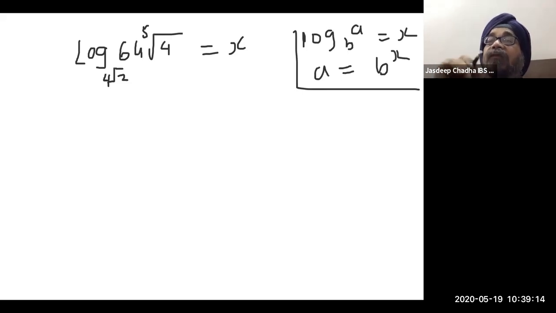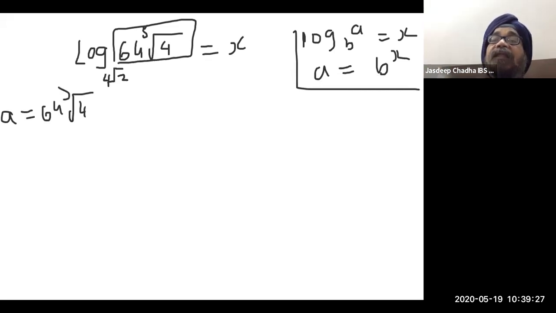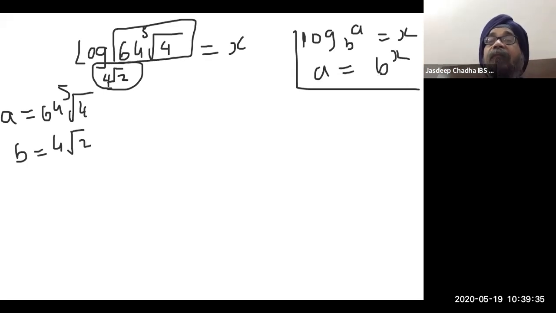Now in this question, what is a? This whole thing is a. My a is 64 multiplied by 5th root of 4. What is my b? b is 4 root 2. x is x only. So I can use this formula here clearly. So my a equals b to the power x.